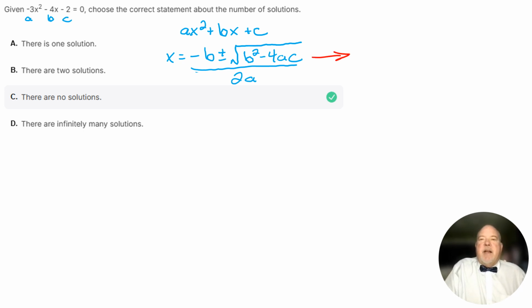And I'm just going to find out what b squared minus 4ac is equal to. So back in our equation, we said b was -4. So I have (-4) squared minus 4 times the a value, which was -3, times the c value, which was -2.